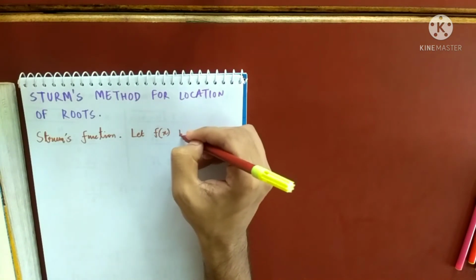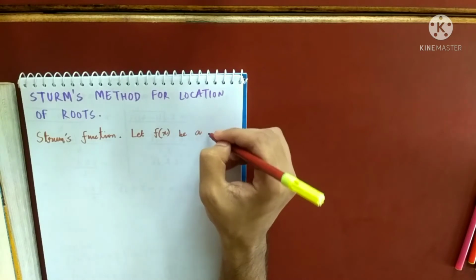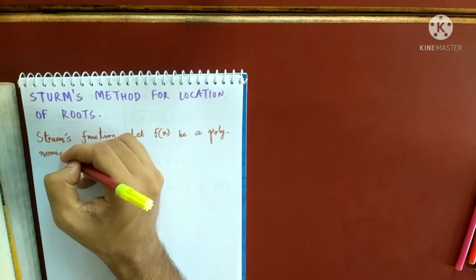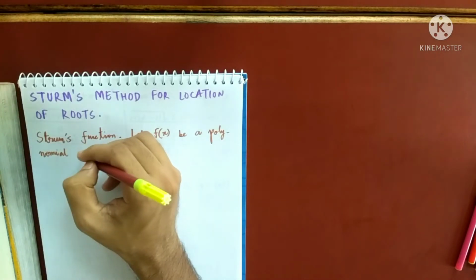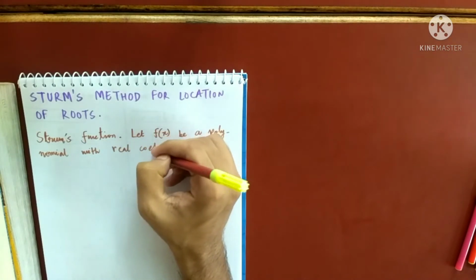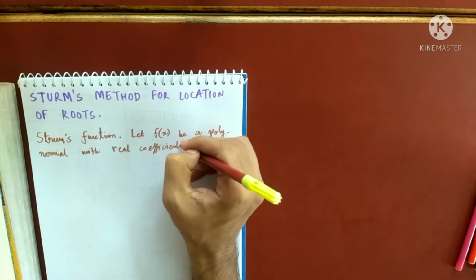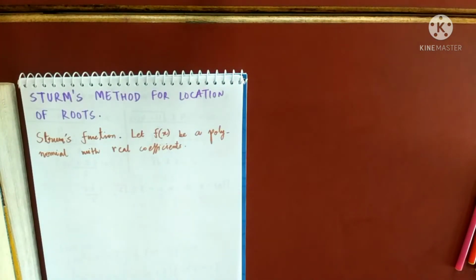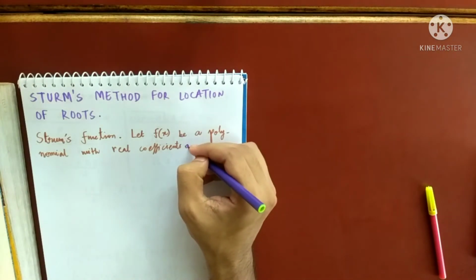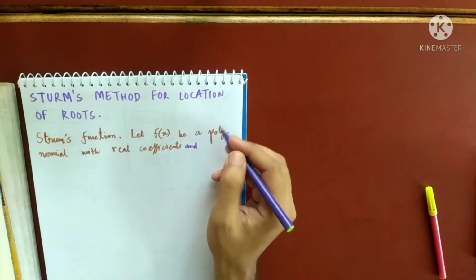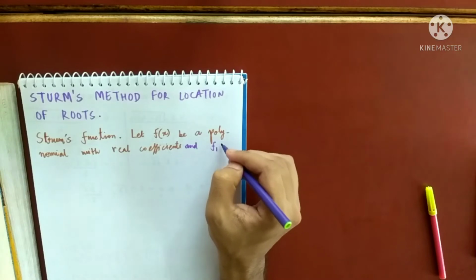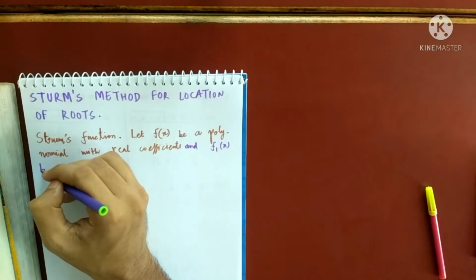Let f(x) be some polynomial with real coefficients. Whenever you have a polynomial, the derivative will exist. You find out the derivative, and I am denoting the derivative by f1(x), be its derivative.